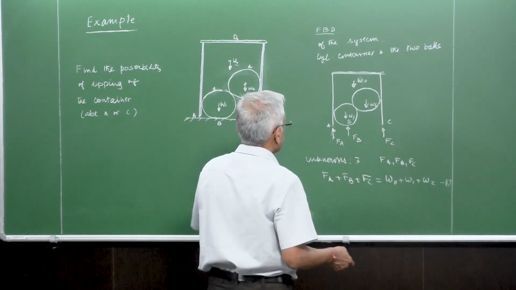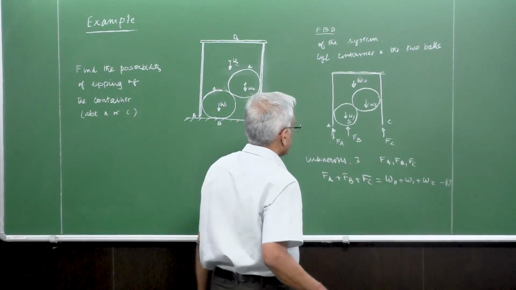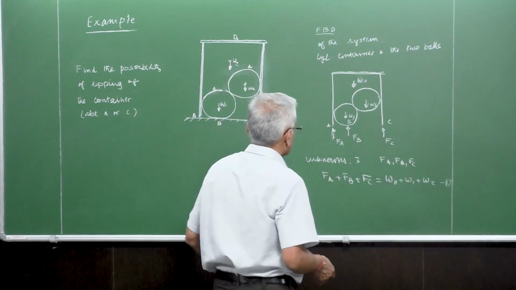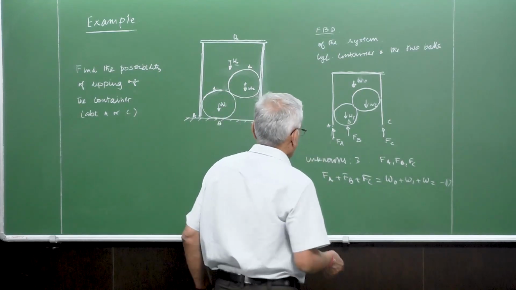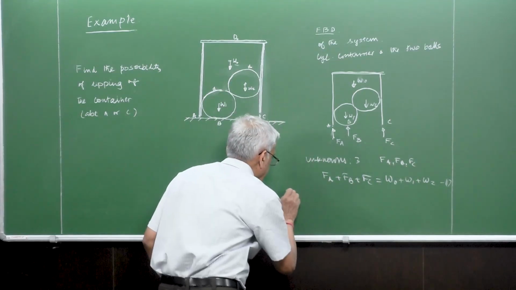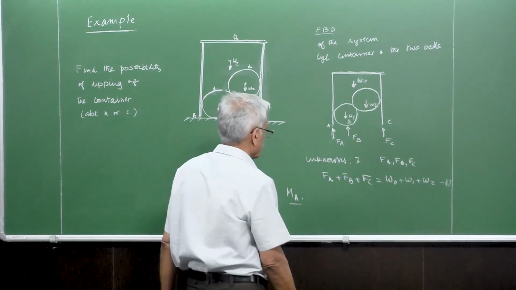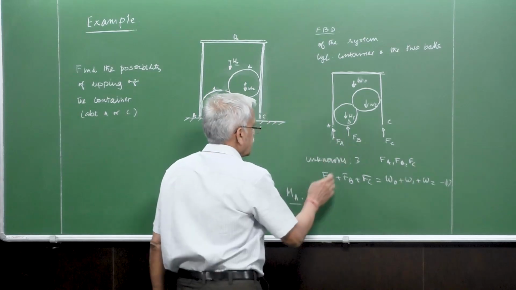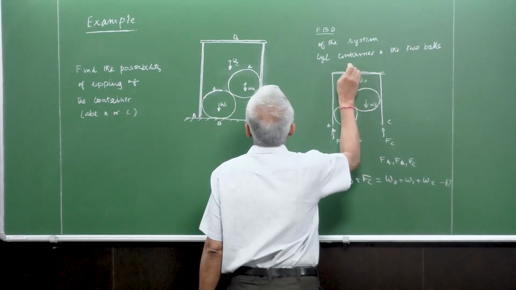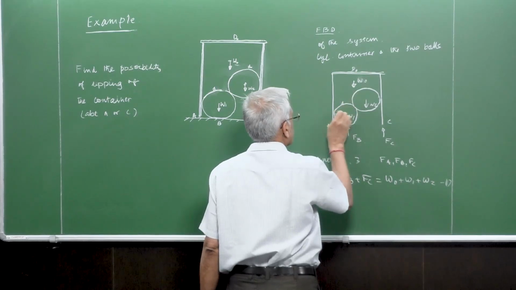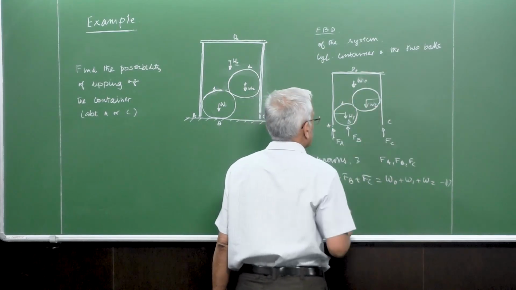The moment can be taken about any point you want. If you take the moment about A, then this distance is D naught, and this is the diameter, so it is D by 2.